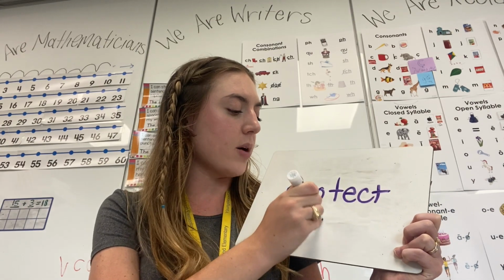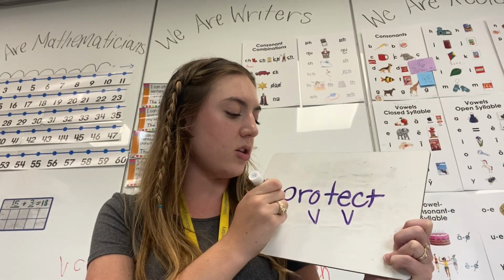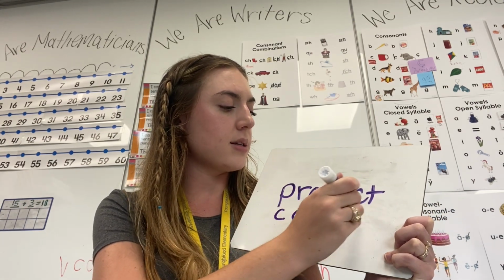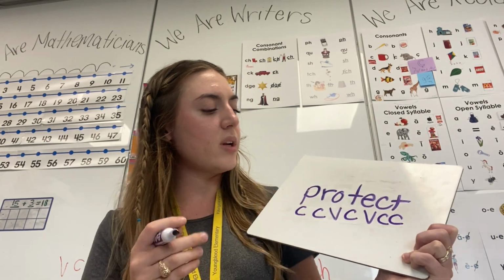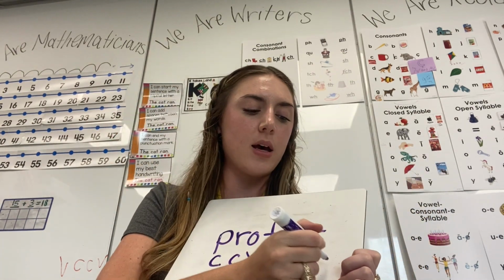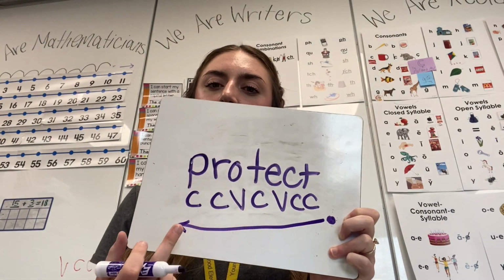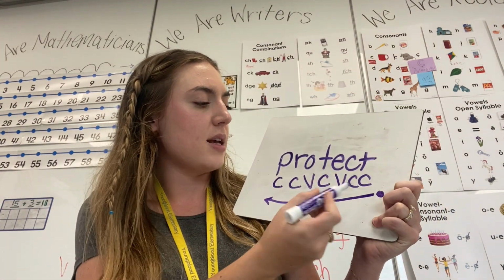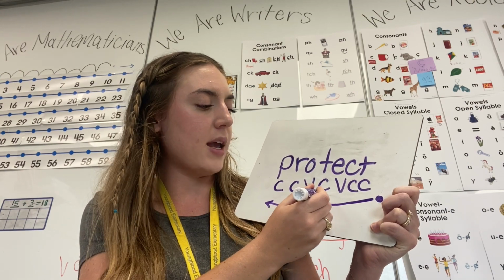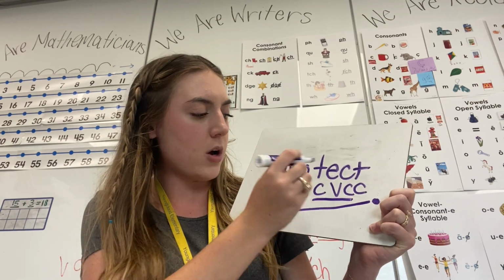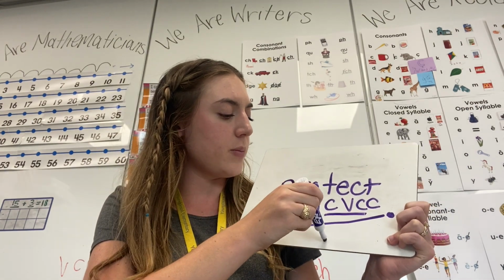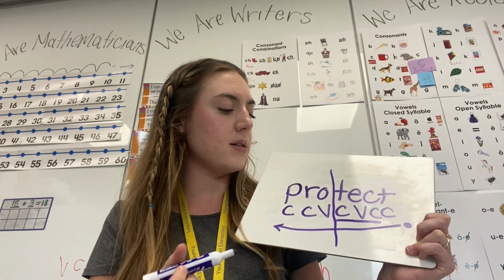I'm looking for my vowels still, and then my consonants. But here I'm going to back up from the end, looking for my CVC. I say, okay, I have a CVC right here, all together. I'm going to put my line right in front of it.